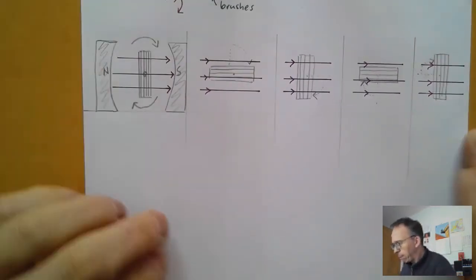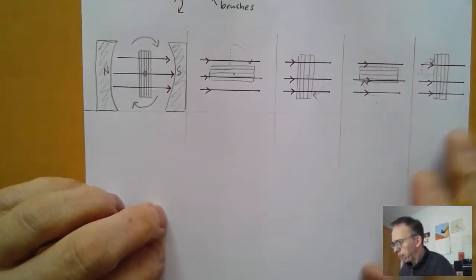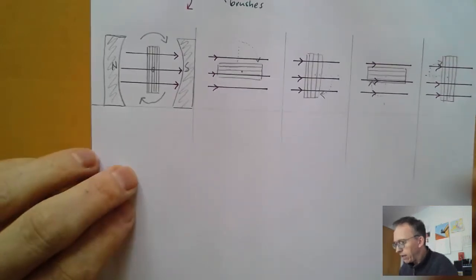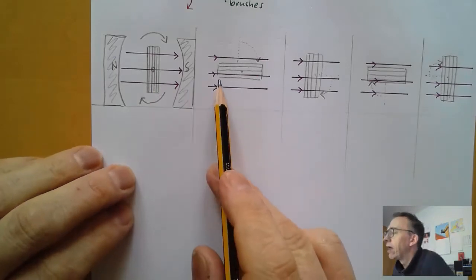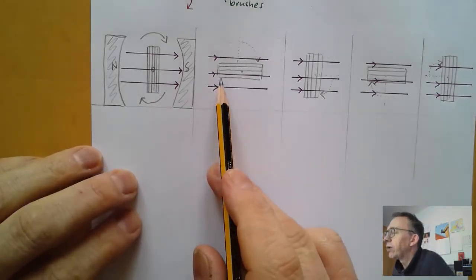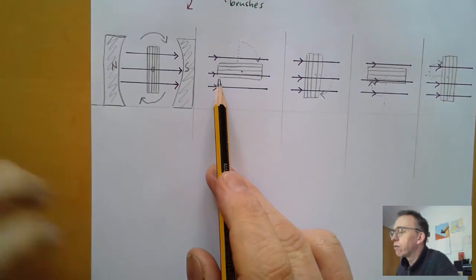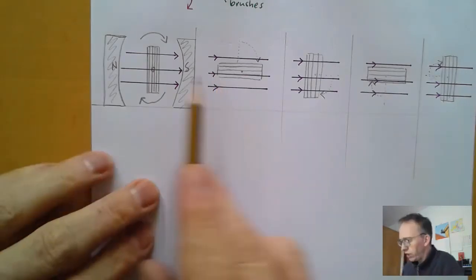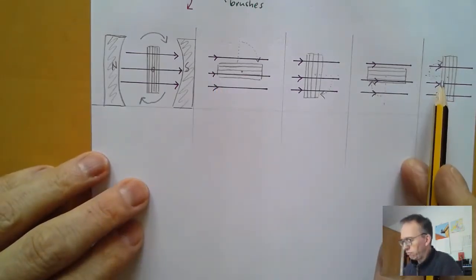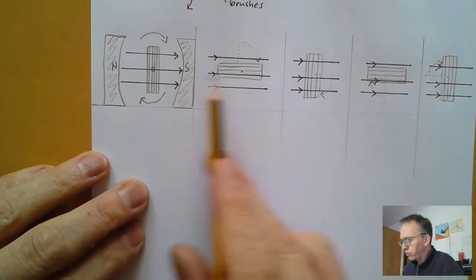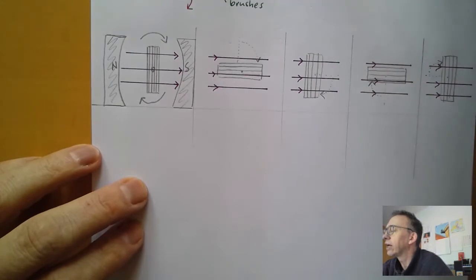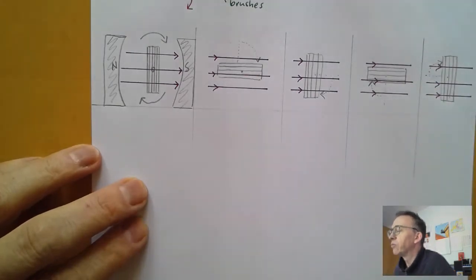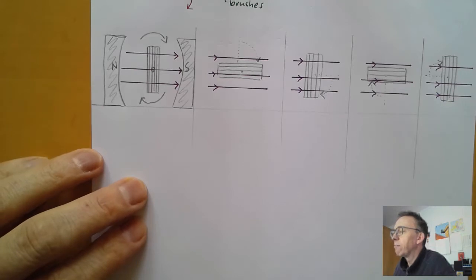Now, let's look at what's happening here. We can explain what's going on, and then we'll try to apply some mathematics to it.